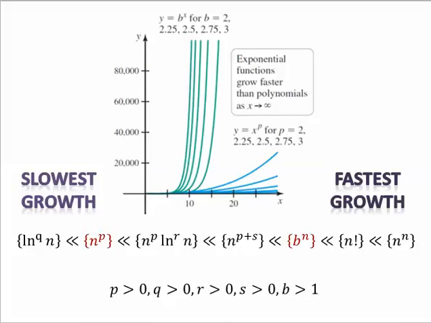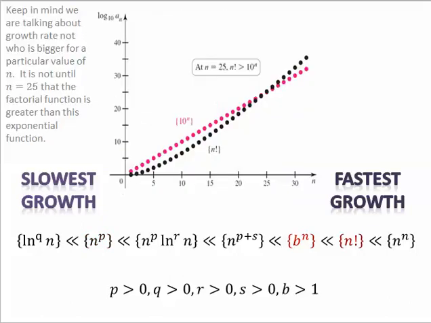And so by looking at this, I know that an exponential function grows faster than a polynomial function, and an exponential sequence will grow faster than a polynomial sequence. And in the same way, a factorial sequence is going to grow faster than an exponential sequence.